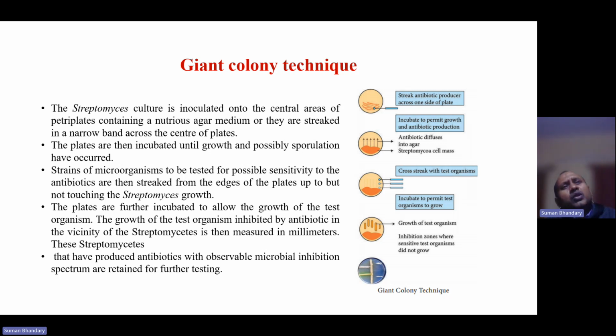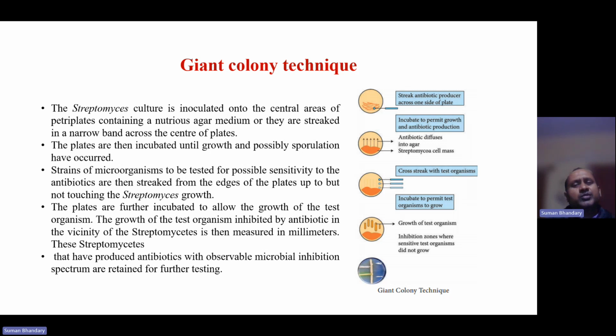However, only a specific example of estimation of antibiotic substance produced by species of Streptomyces we will discuss here. And the method is known as the giant colony technique. This particular technique is used for isolation and detection of those antibiotics which diffuse through solid medium.